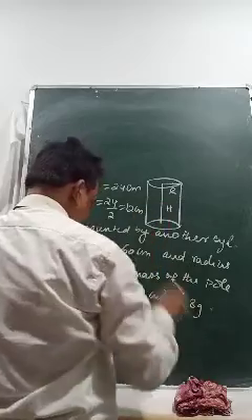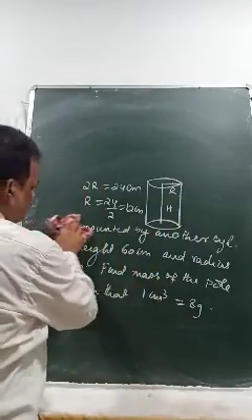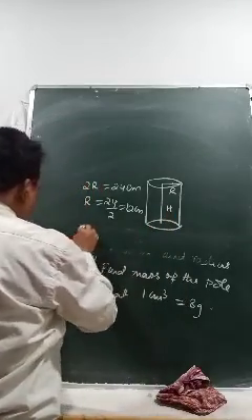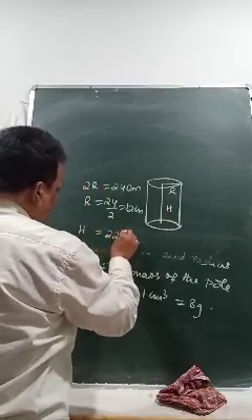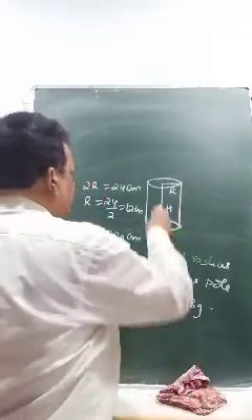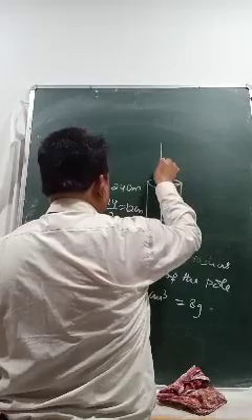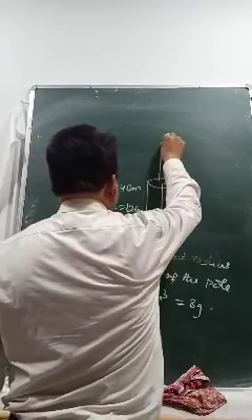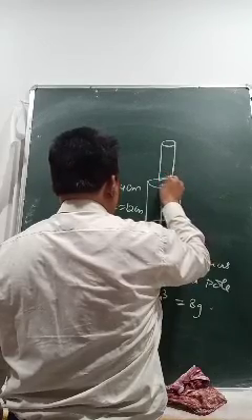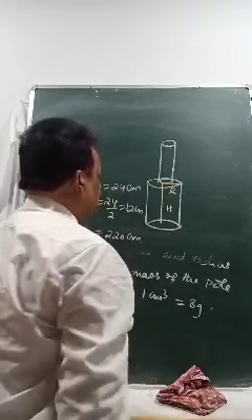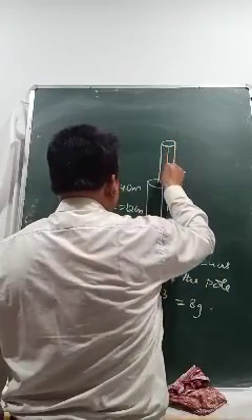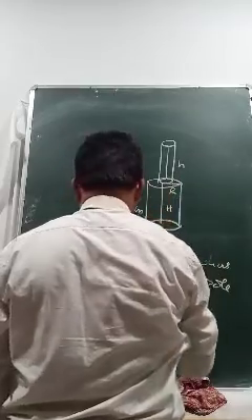Suppose H equals to 220 centimeter. Surmounted by another cylinder, like this, whose height is small h.